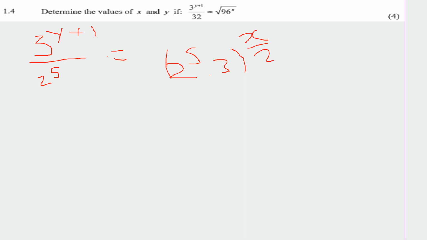When you have a square root, you can just remove it by dividing the exponent of the number. In this case, the number is 96 to the power of x, so the exponent is x. So you're going to divide x by 2.